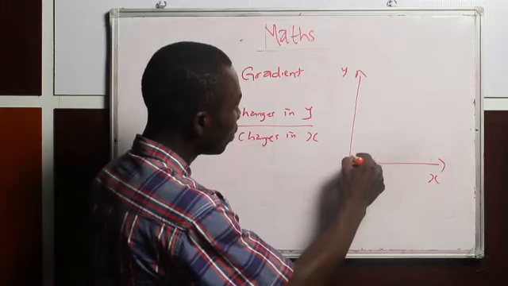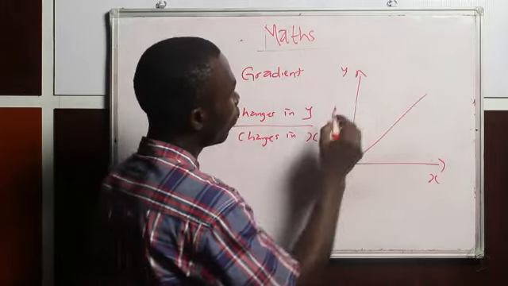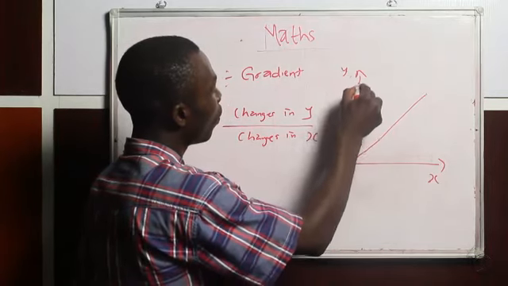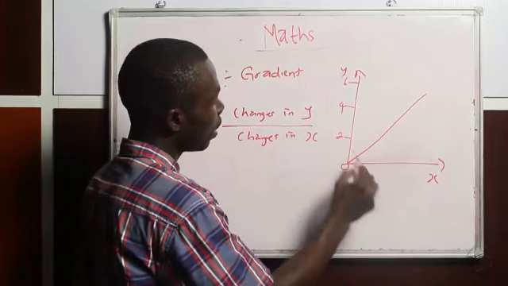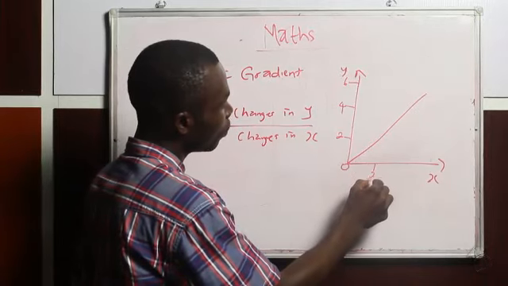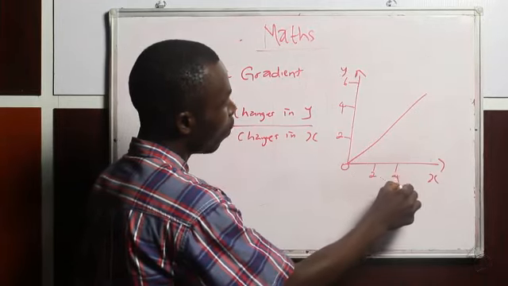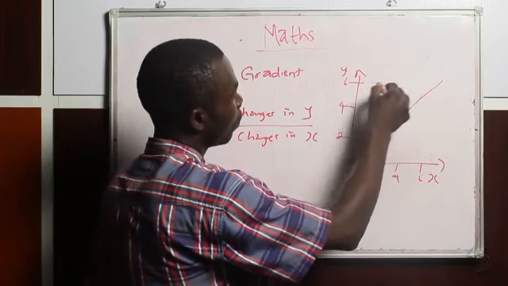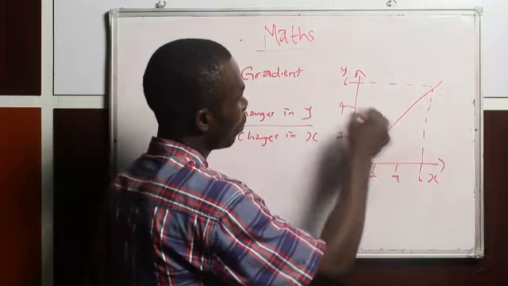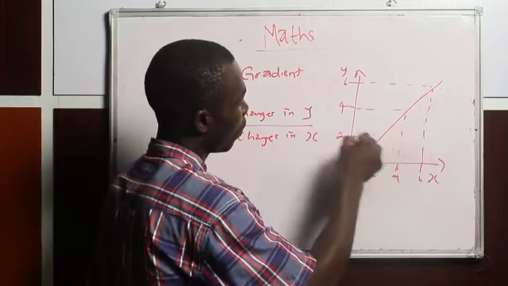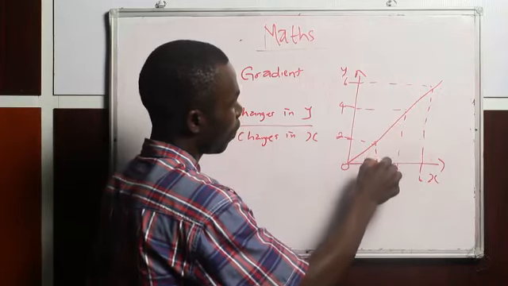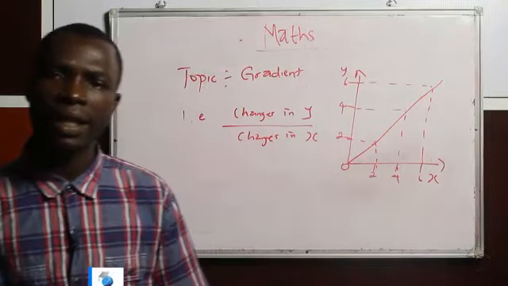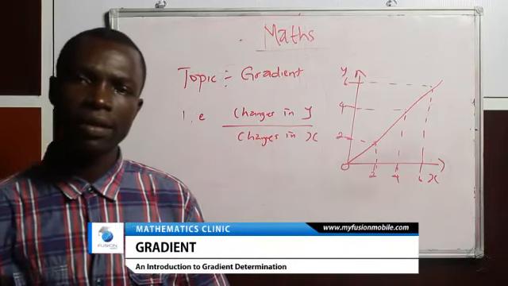Considering a straight line, where we have here 2, 4, 6. Here we have 2, 4, 6.